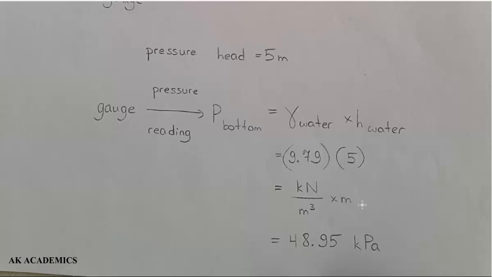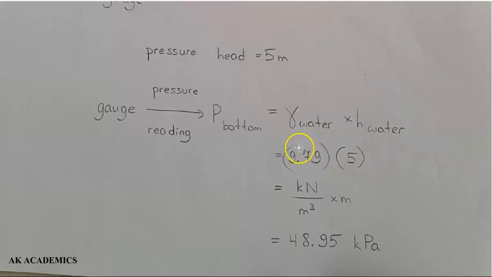What I would like you to pay attention to is that the specific weight of water can be given in pounds per cubic feet or kilonewtons per cubic meter. So in any case, you should know how to use the units, which one to use, and how to convert all units. You should use the appropriate units with the appropriate height. In many cases, when you are given the specific weight of water in pounds per cubic feet, you will be given the height in feet.